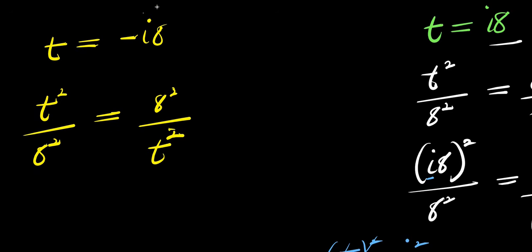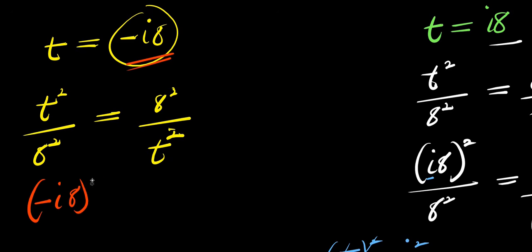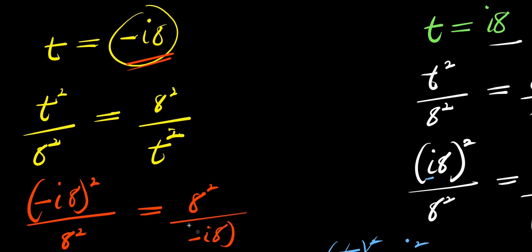We substitute this for T. We have negative I times 8 raised to the power of 2 divided by 8 power 2 equals 8 power 2 divided by negative I times 8 raised to the power of 2.